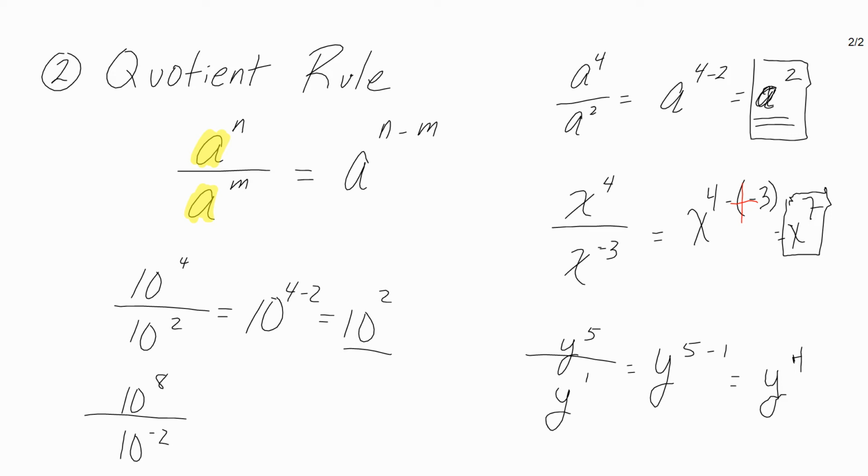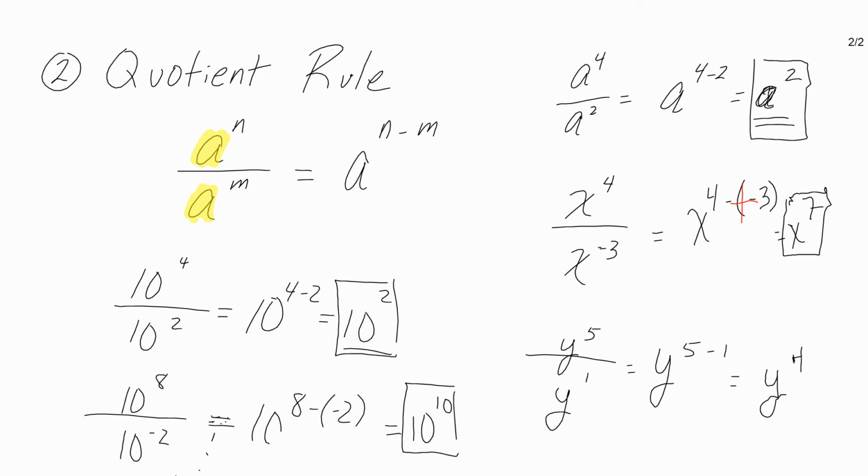What is that? 10 to the 8 minus what? Negative 2, which is equal to 10 to the what? 10 to the 10. Now, do y'all notice how I did each one of those? I wrote everything out. When y'all start skipping those steps, that's when y'all start messing up. Okay? Pretty simple.